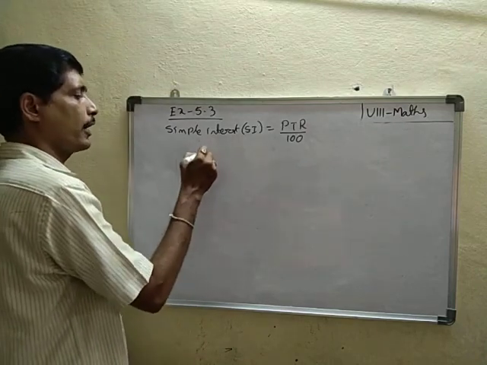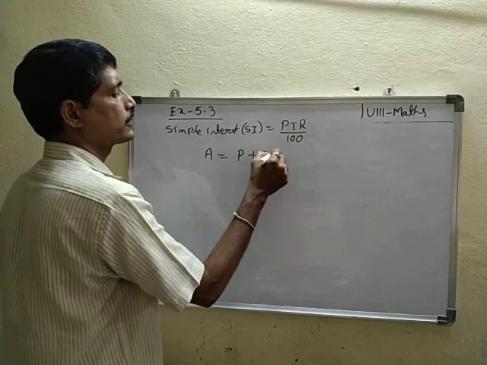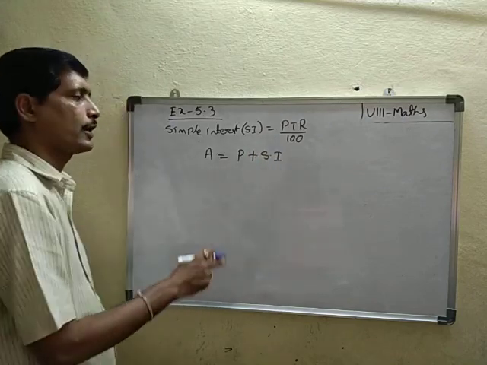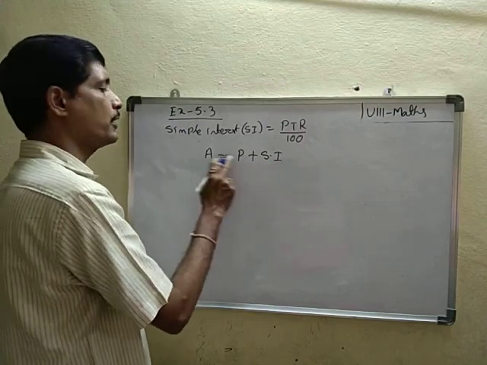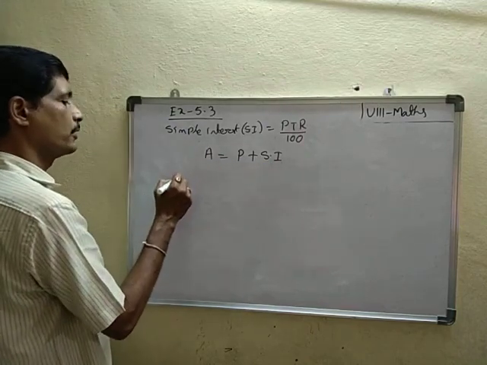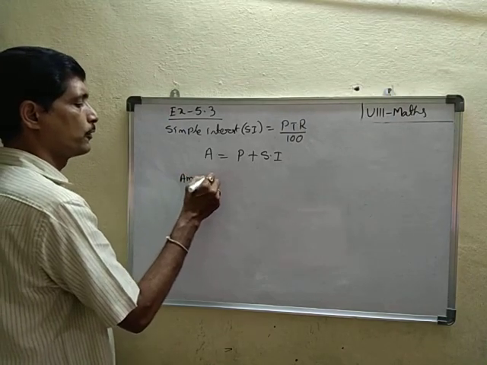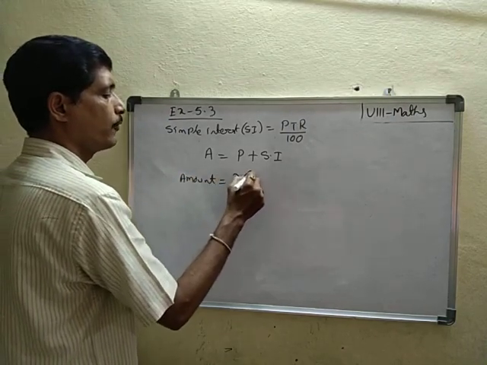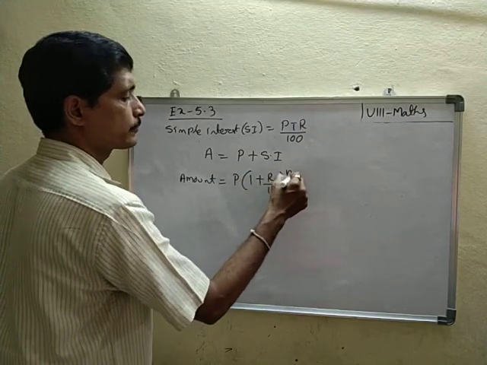Next, amount equals P plus SI, that is the simple interest. P means principal plus simple interest, you get the amount. Next, compound interest based: amount equals P into 1 plus R by 100 whole power n.